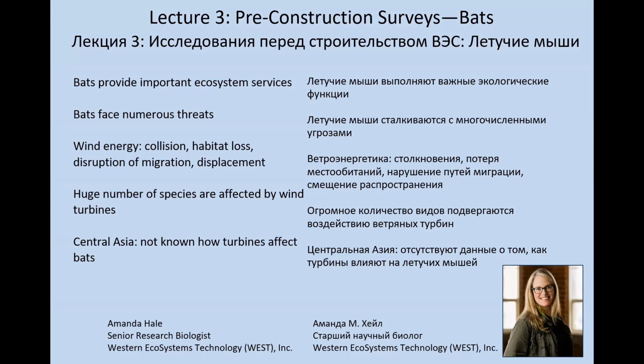You know, with birds, there are some species that we don't think are heavily affected, but with bats, just about everything is affected. And we know so little about bats, especially in Central Asia. We know very little about how wind turbines will affect bats. In Kazakhstan, Turkmenistan, Uzbekistan, all of Central Asia, bats are really an unknown.